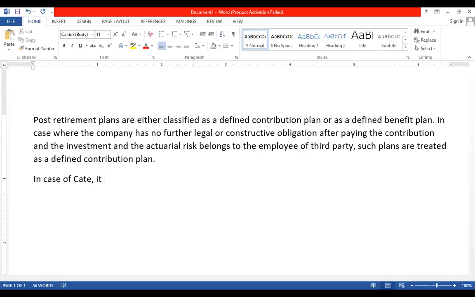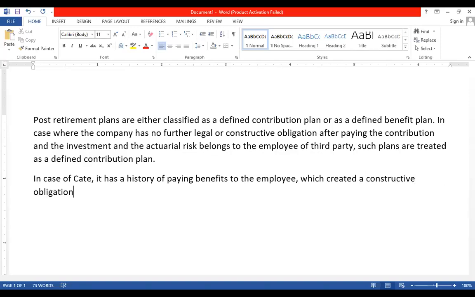In the case of Kate, it has a history of paying benefits to the employees, which creates a constructive obligation on Kate to make such payments in the future as well.